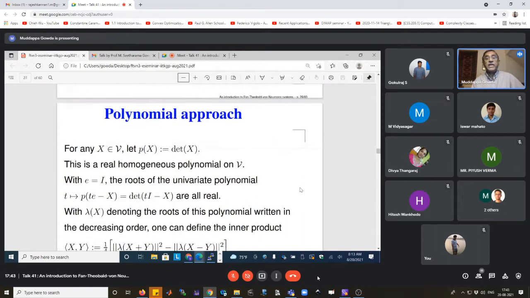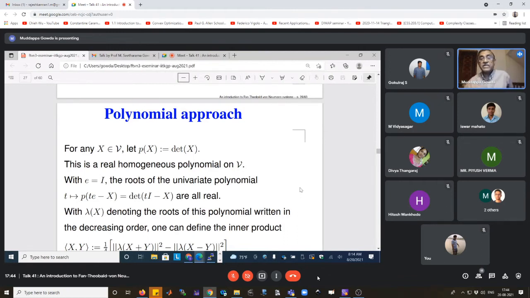As we did in the case of R n, I can describe this entire thing in a polynomial way. So this is our polynomial approach. For x in V, let P of x be simply the determinant of x. This is a real homogeneous polynomial on V. Now with e equals the identity matrix, the roots of the univariate polynomial t going to P of t e minus x, which is nothing but the determinant of t I minus x, are all eigenvalues of x, and we know that they are real.